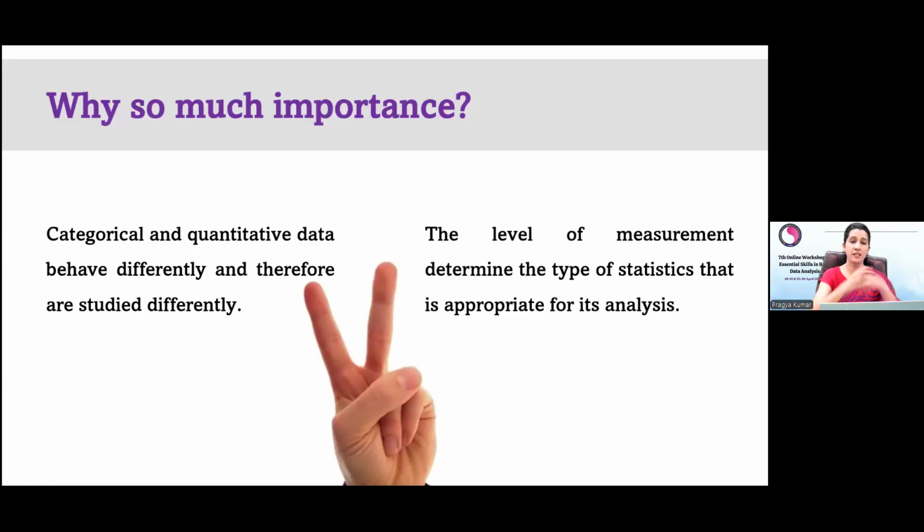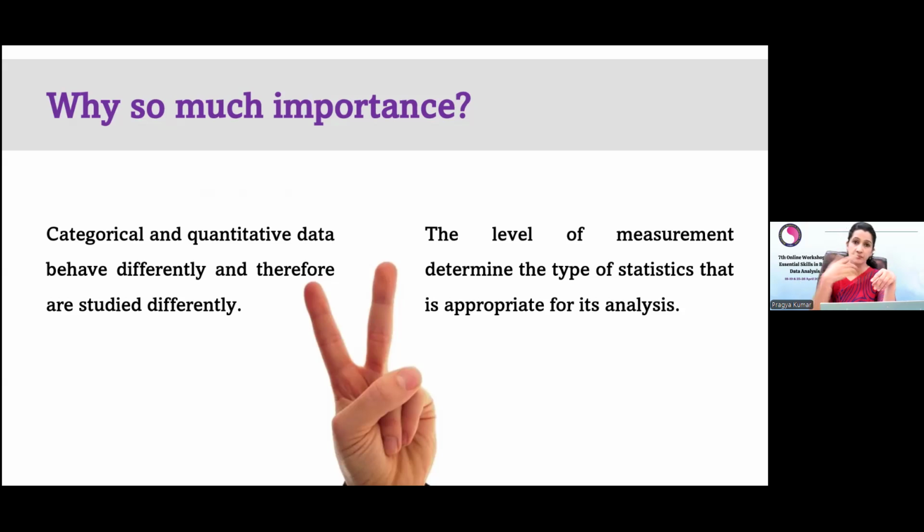So why is there so much importance? Why have I spent so much time explaining to you? We could have straight away gone to JAMOVI and started analyzing. Because the inherent nature of the variable tells you how to analyze the data. Categorical data behave differently, therefore they are studied differently.